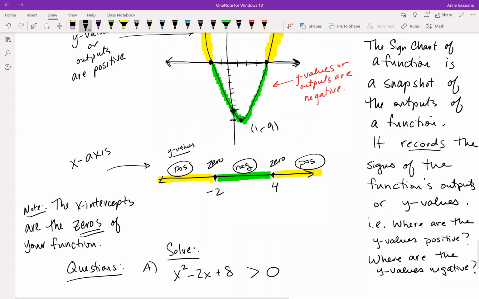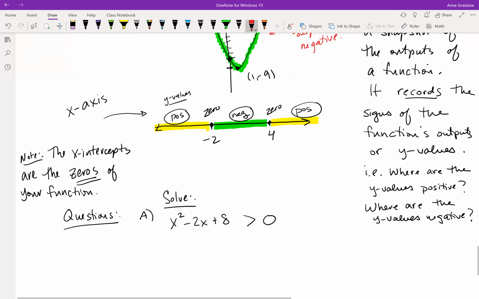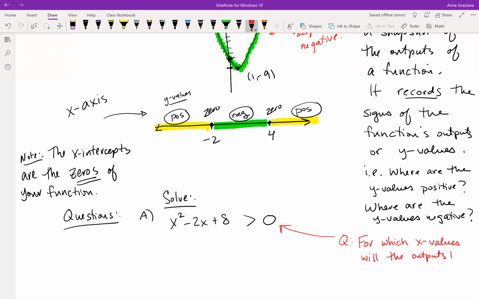So when it says greater than 0, you've got to start thinking that this is the question it's asking. Let me put it more specifically: for which x values will the outputs be positive? Yes, Marianne is on it.